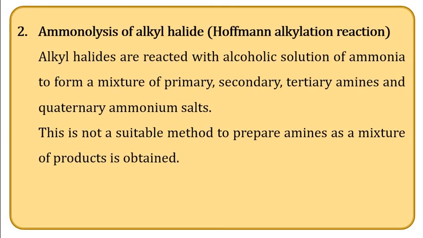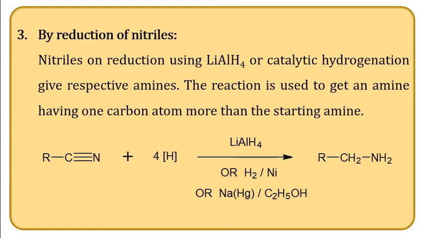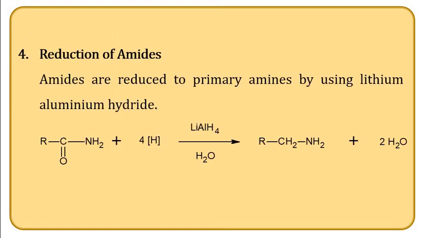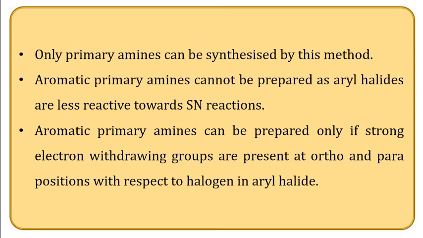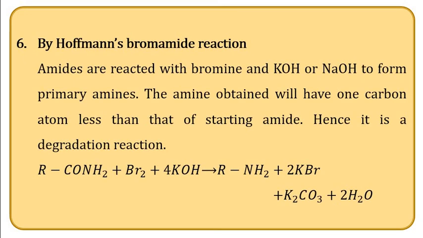The second is ammonolysis of alkyl halides. The third is reduction of nitriles. The fourth is reduction of amides, and the fifth is Gabriel phthalimide synthesis, the most important one. The sixth is Hofmann bromamide reaction. These are the most important preparation methods of amines. Thank you.